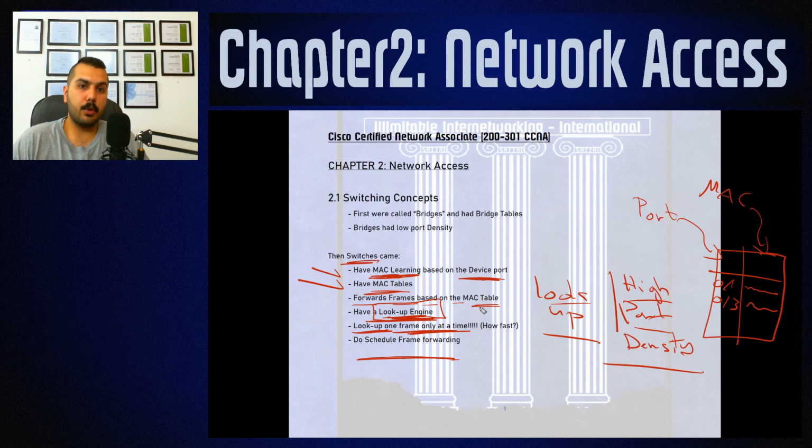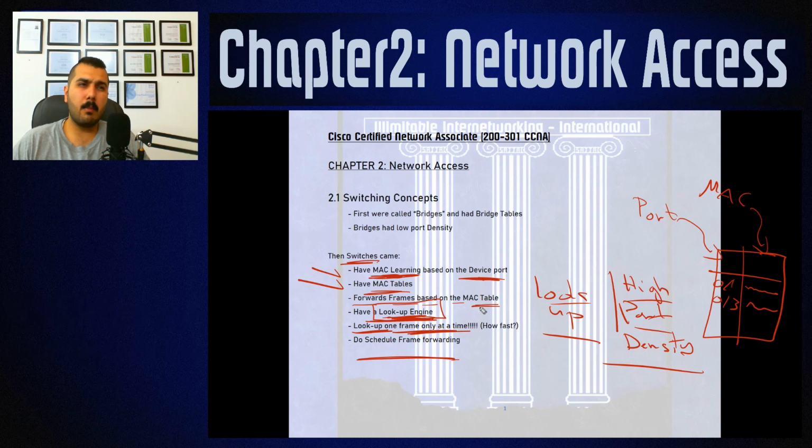How is the switch I'm connected to looking up these two frames at the same time? It's not at the same time, each one separately, but it's a matter of microseconds. This is how fast a lookup engine works. In a matter of microseconds, it looked up the first frame. After that it went to the other frame.